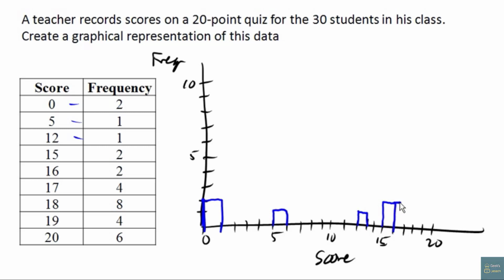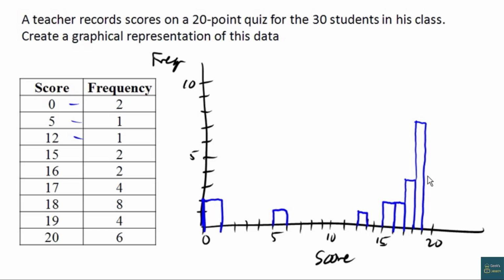And then at 17, we're going to have a bar of height 4. And then at 18, we're going to have a bar of height 8. And then at 19, we're going to have a height of 4.